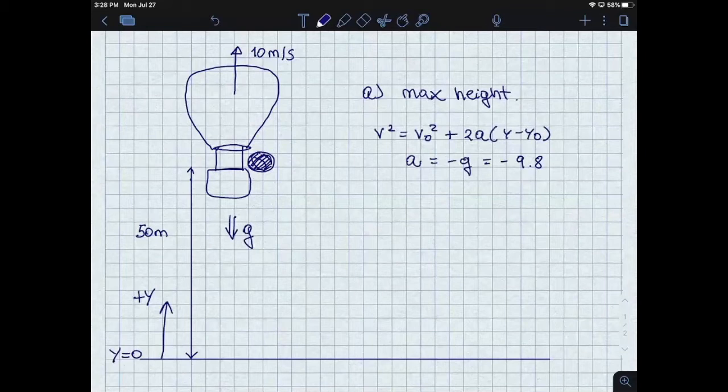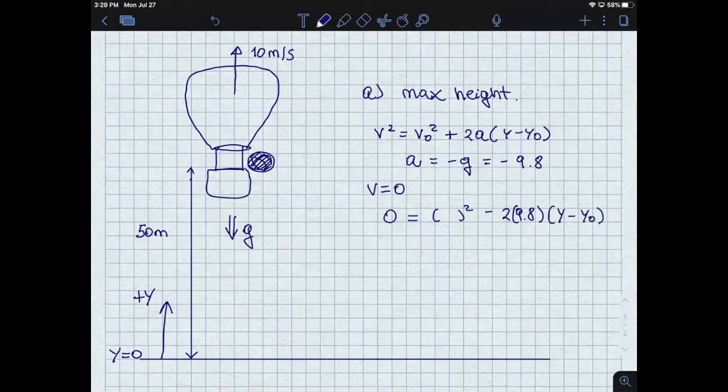Maximum height means the final velocity is 0. That's when you reach the maximum height. So v is 0. Therefore, the equation becomes 0 equals v naught squared minus 2 times 9.8 times y minus y naught.